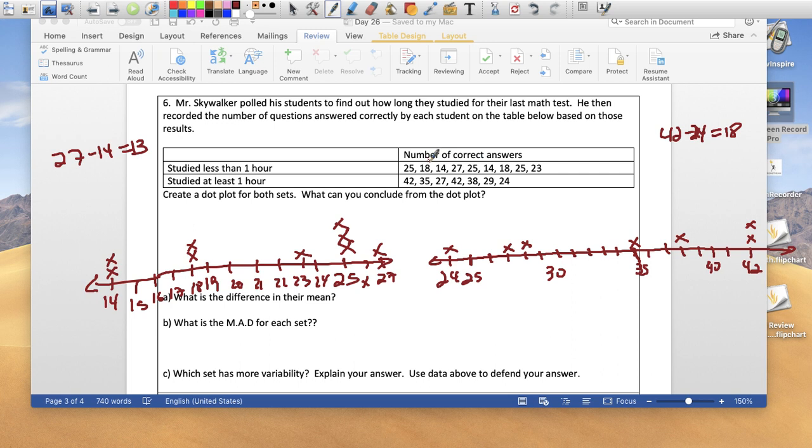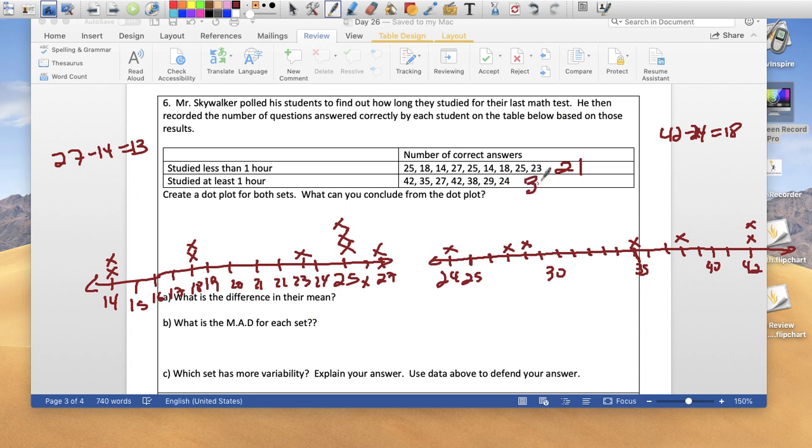That's 9 numbers, divided by 9, and the mean is 21. And then the bottom one is 42 plus 35 plus 27 plus 42 plus 38 plus 29 plus 24. You divide by 7, and the mean is 33.